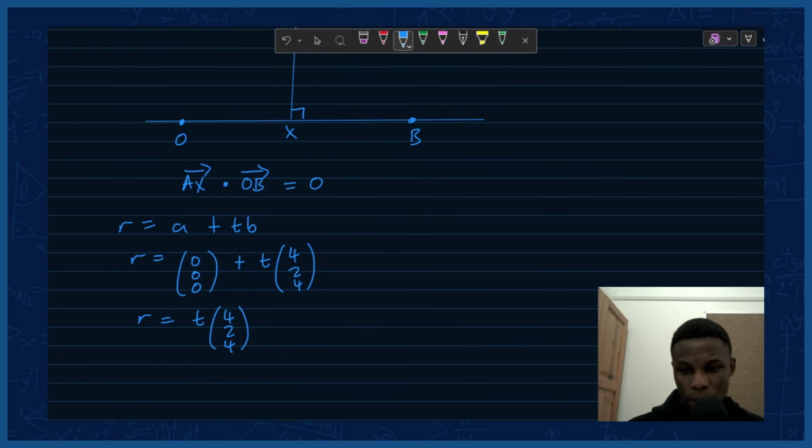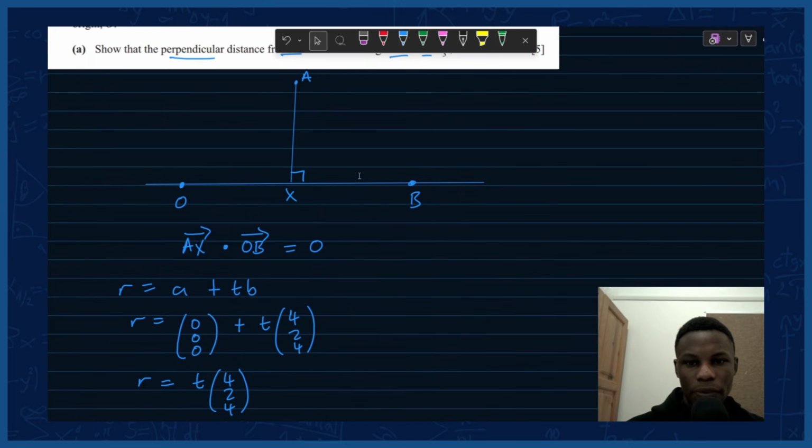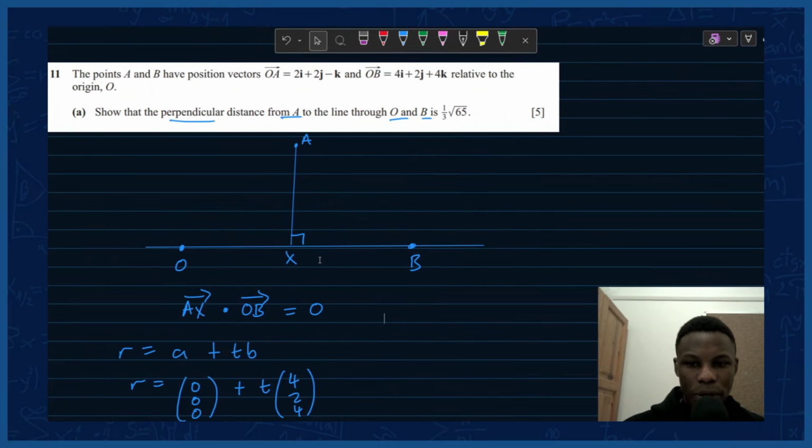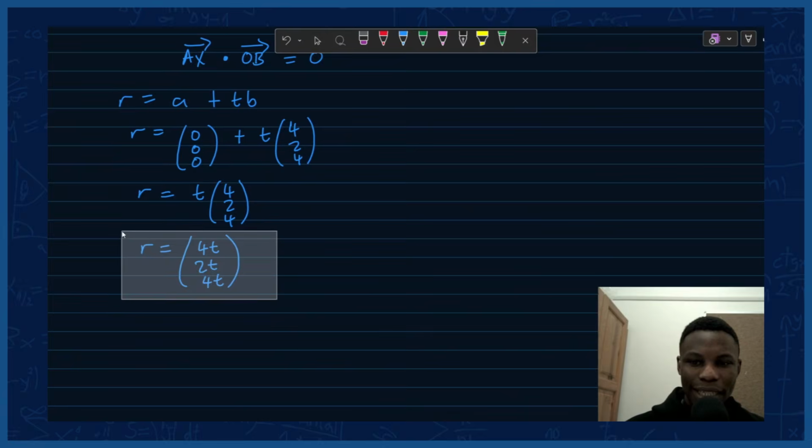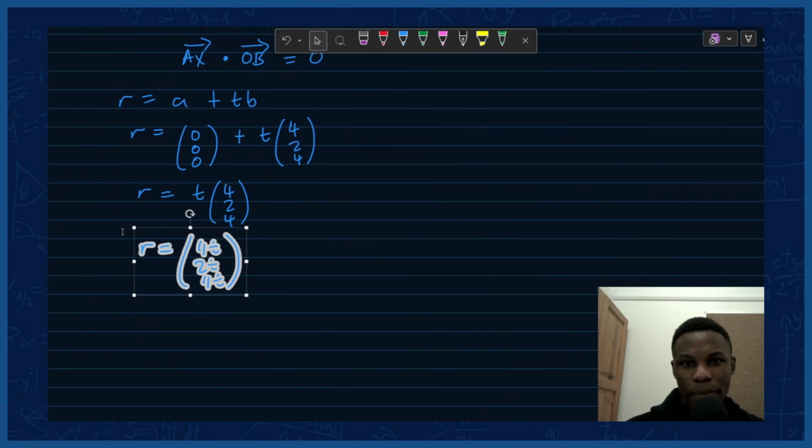And to get it in its component form, I can just multiply the t inside the vector. So it becomes 4t, 2t, and then 4t. This is the equation of our line going through O and B. Okay. We know that X lies on this line. And this equation gives me the general coordinates of any point that lies on this line.